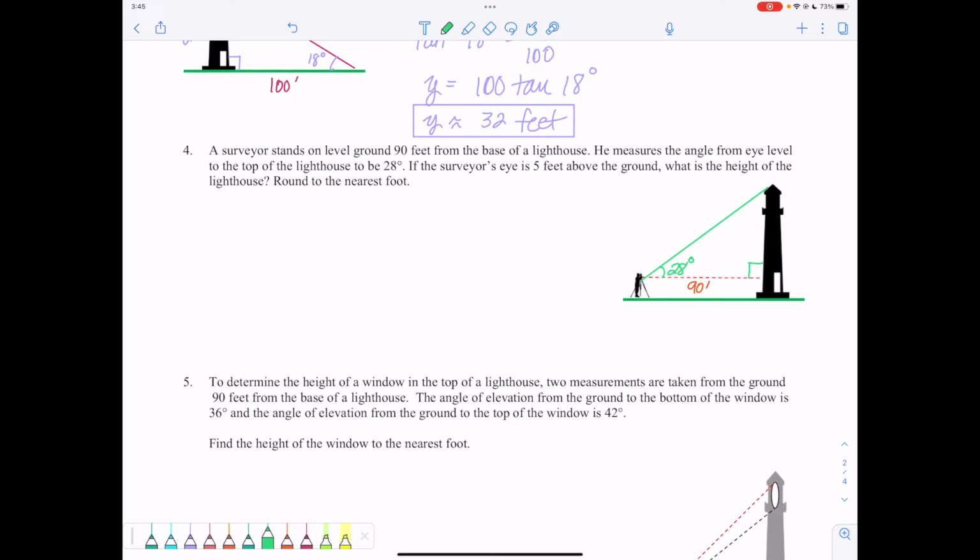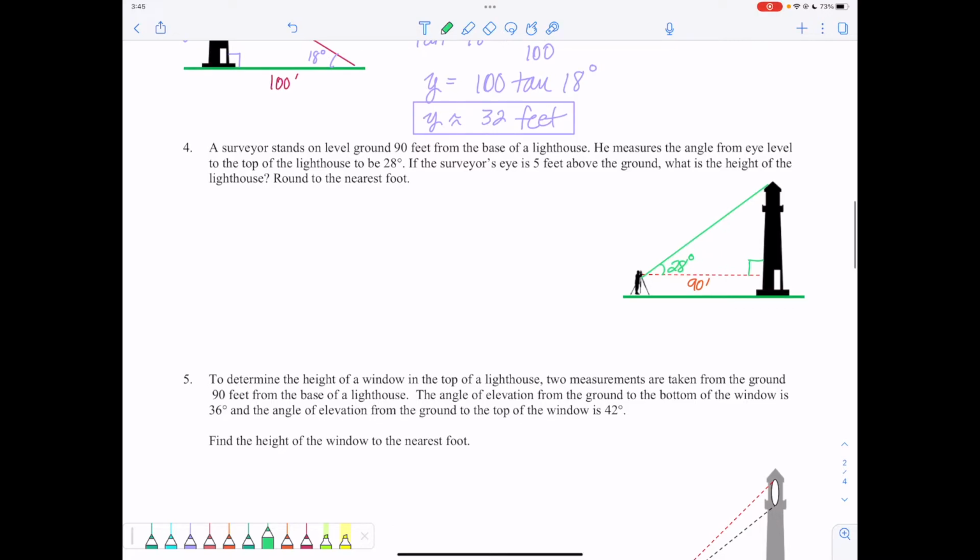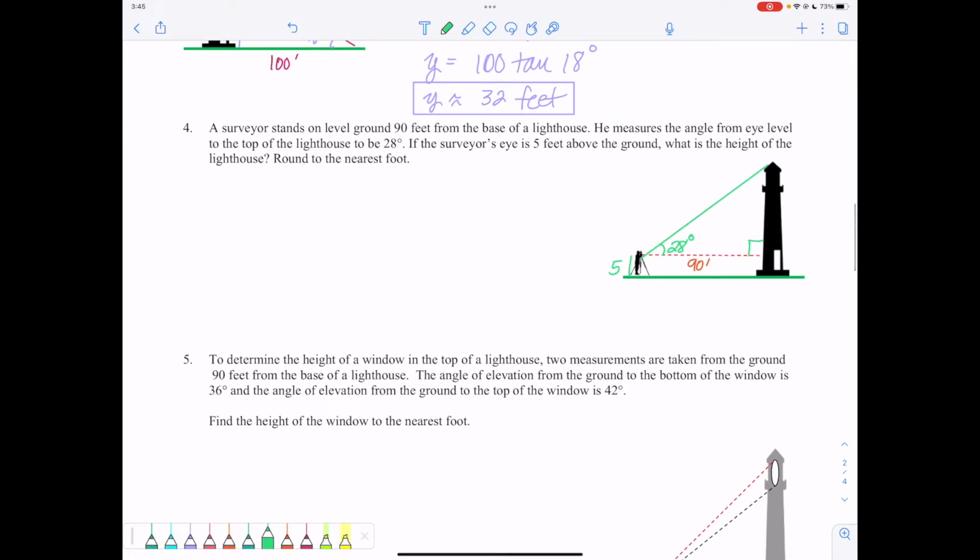If the surveyor's eye is 5 feet above the ground, what is the height of the lighthouse? So we are going to find this distance y, and then once we find it, we can add 5 to it.